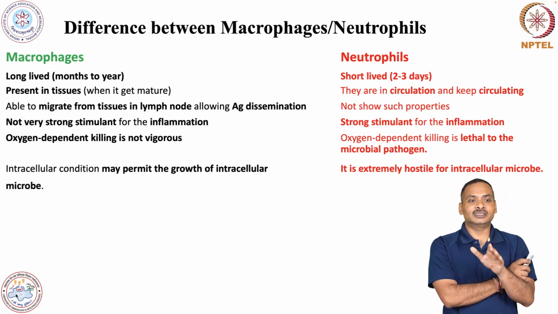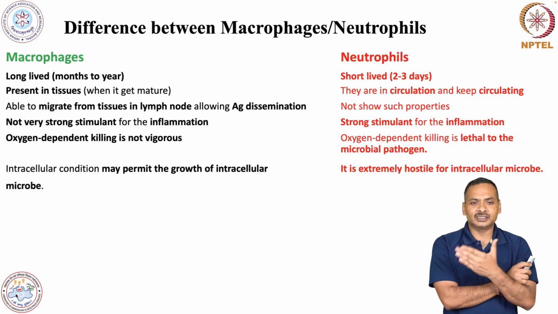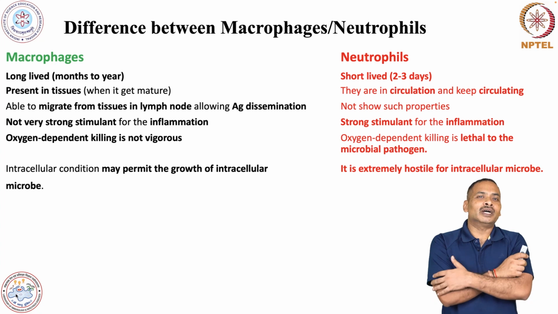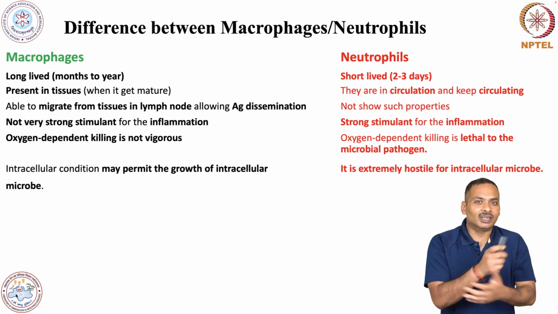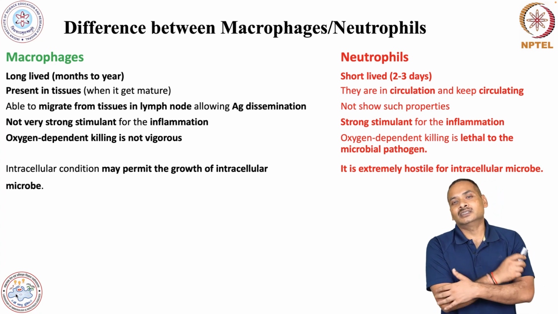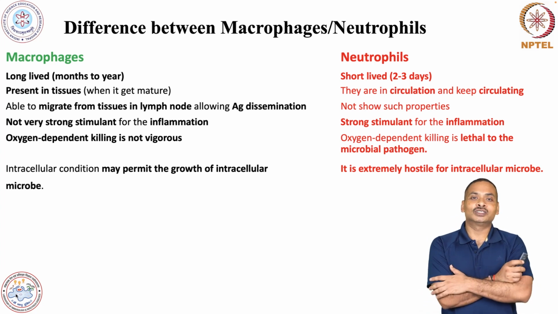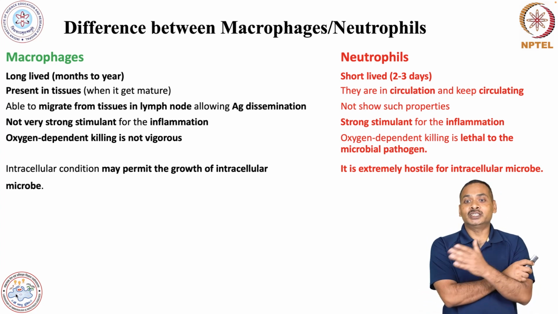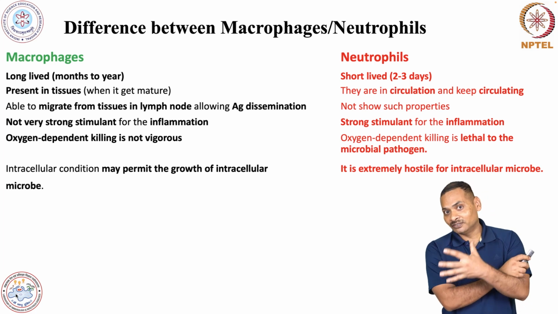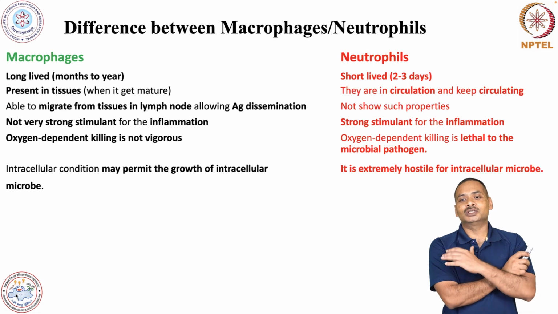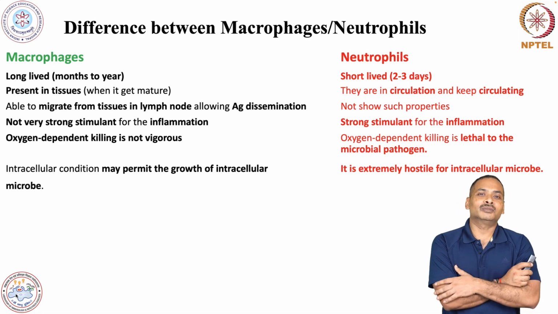Because the intracellular condition is not so aggressive, so the microbe takes this advantage and can replicate. But this is not true for neutrophils. The environment inside neutrophils is extremely hostile to these intracellular microbes.